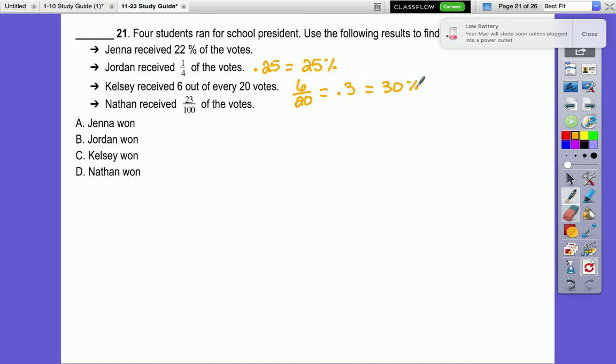And then we have 23 over 100, which is 0.23, which is equal to 23%. So let's see, Jenna had 22, and I'm going to write this out here to the side so they're all together. 22%. Jordan receives 25%. Kelsey received 30%. And then Nathan received 23%. So the winner is Kelsey.